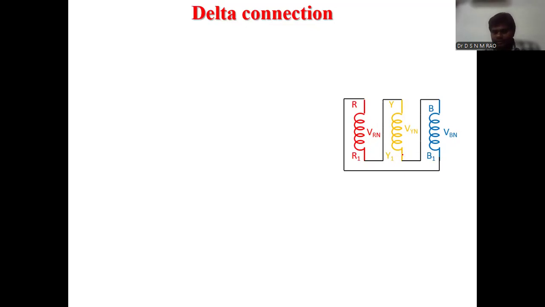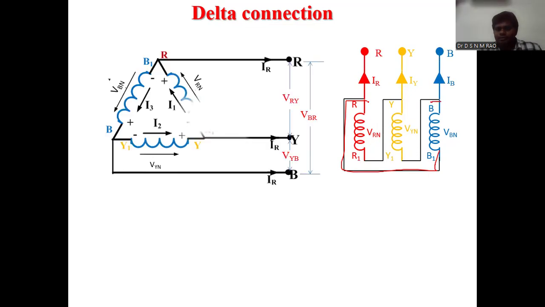Similarly, for the second phase, the starting point of one phase is joined to the finishing point of another phase. In this way, delta connection will be formed.